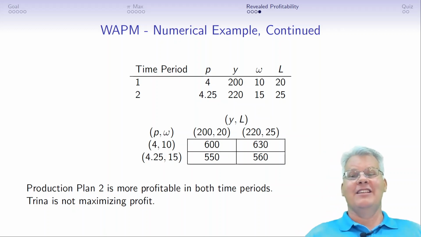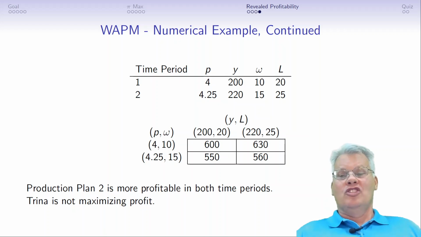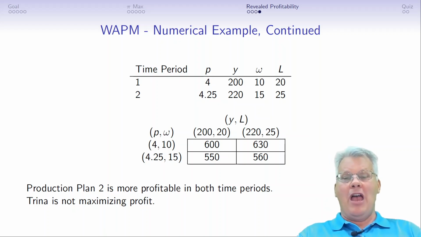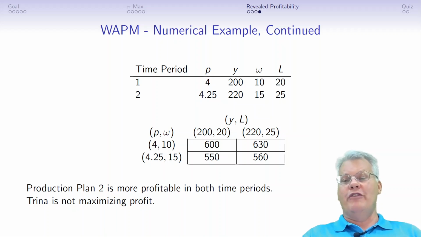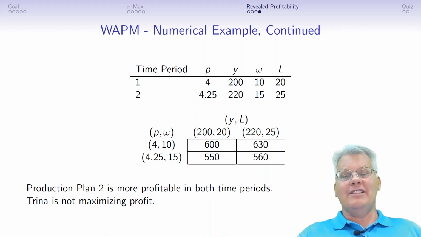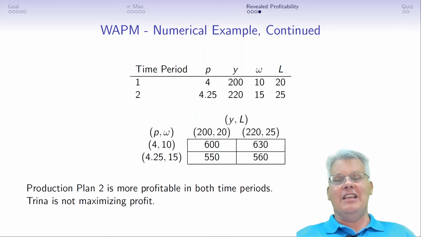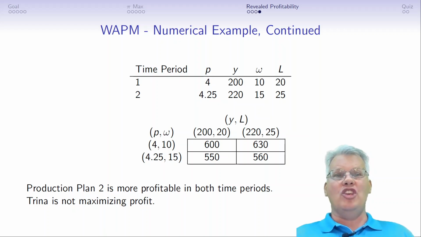So in this case, we have the rows representing price combinations, so the price of lattes and the price of labor, and then the columns represent input-output production plans. So what I've done is I've computed the amount of profit that Trina could have earned in each time period by using the input-output production plan. So you can see that, and of course the diagonal represents the input-output plan that Trina actually used.